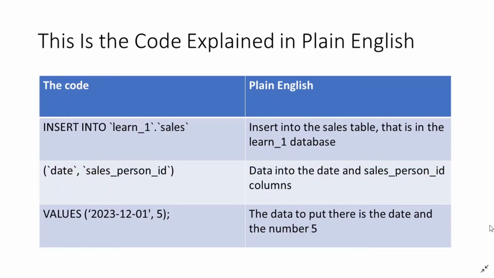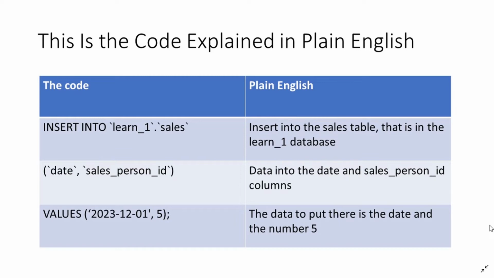Now, just for a recap to help you understand the code, and please feel free to pause the video and have a look, or just read through this yourself. On the left-hand side is the code, and on the right-hand side I've written what the row of code is in plain English. Insert into the sales table, into the database Learn1. That's the first row.